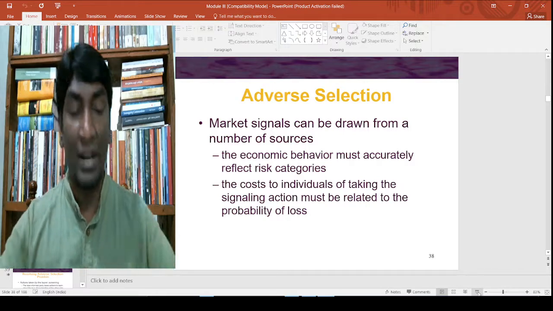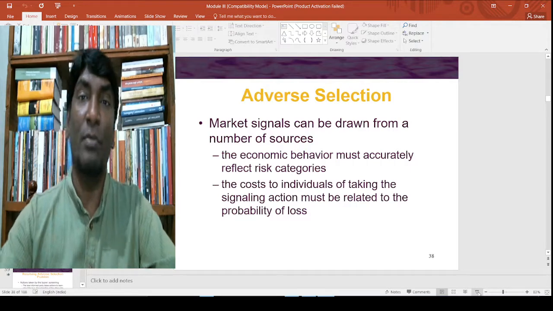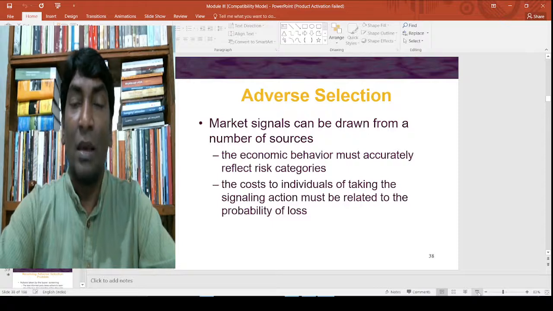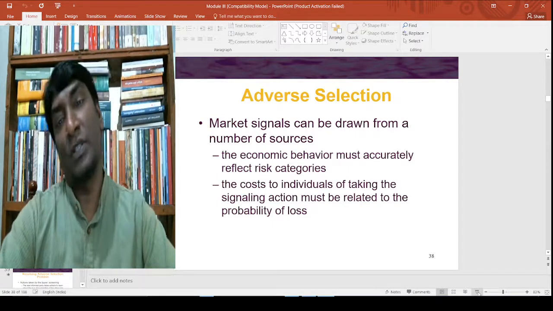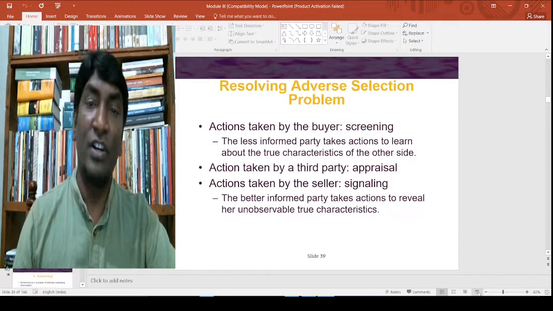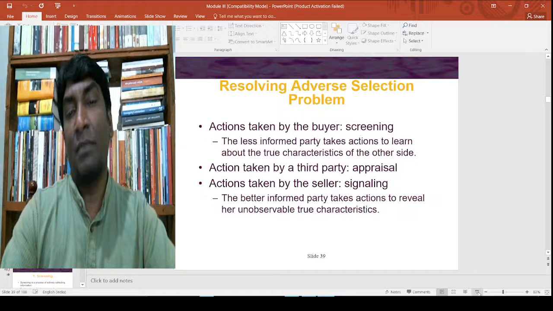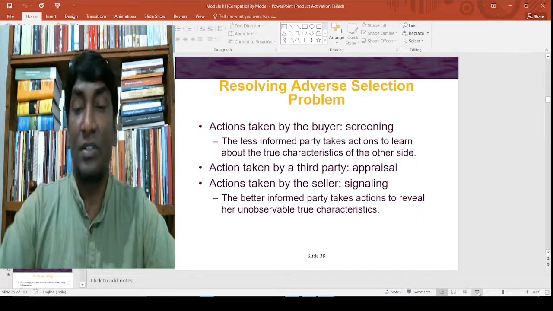So now you can say that there is adverse selection, and there is also a moral hazard problem. The solution of the moral hazard problem we will come to in a while. But let us talk about adverse selection, and how companies overcome this problem. The first one is action taken by the buyer, that is screening; the second is appraisal; and the third is called signaling.